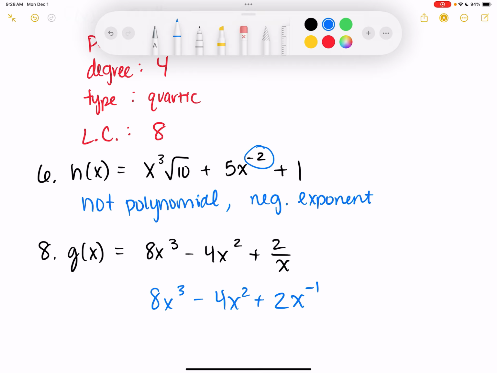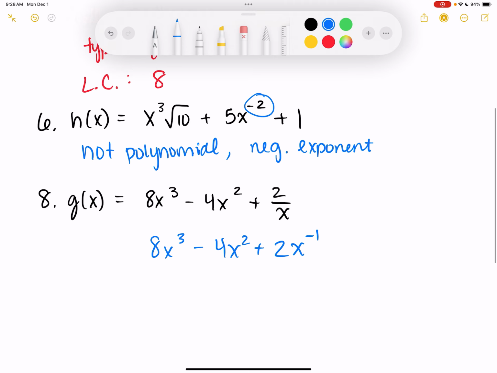And because we can move it with our exponent, this would cause a negative exponent, or like what you said, if you say there's a variable in the denominator, that would also be fine. So not polynomial. Either say variable in the denominator or negative exponent.